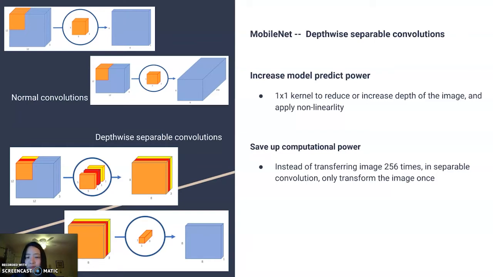What makes the MobileNet different from the normal convolution is that it uses depthwise separable convolutions. Instead of processing the different channels at one time, the depthwise separable convolution processes the different channels using different kernels, and then stacks up all the results to get the output image. So it makes the training much faster.